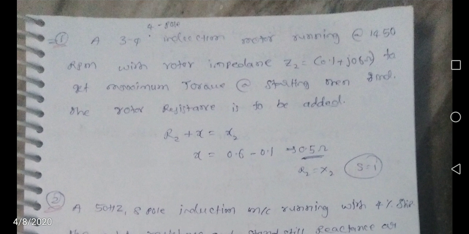A three-phase, six-pole induction motor running at 1450 rpm with a rotor impedance Z2 equal to 0.1 plus j0.6 ohms. To get maximum torque at starting, find the rotor resistance to be added.